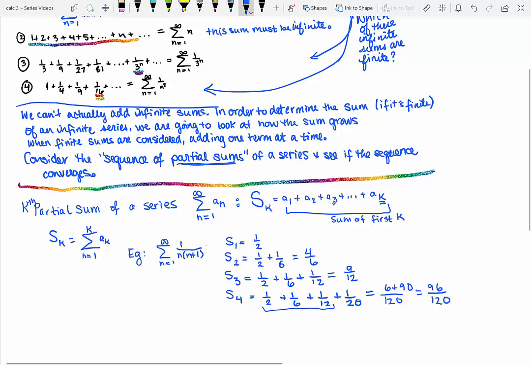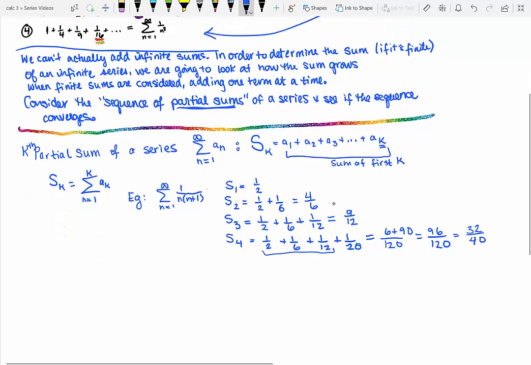Let's see, maybe we can reduce that a little bit. That seems a little out of control. Both are divisible by 3, so dividing by 3 I get 32 over 40, and so on and so forth.